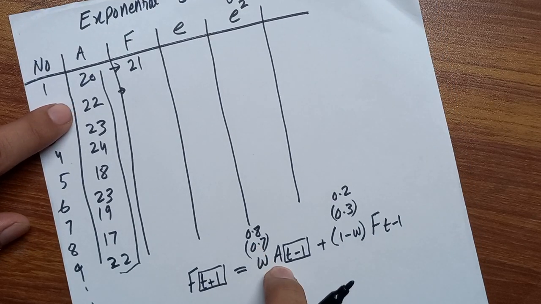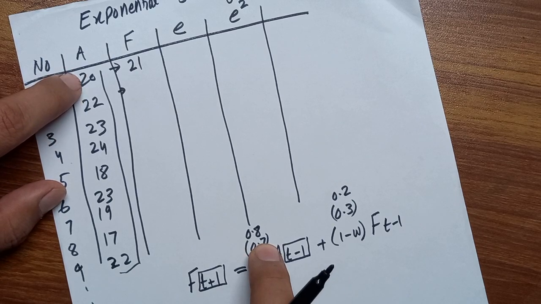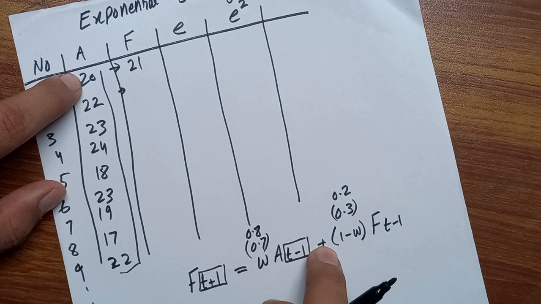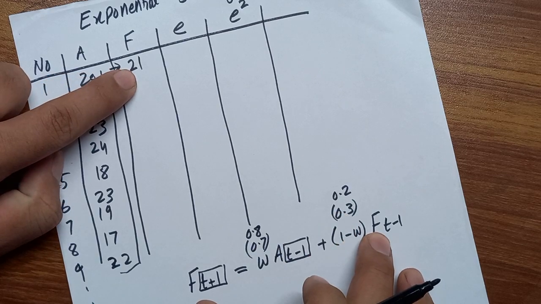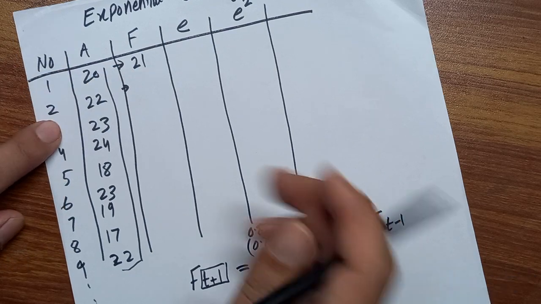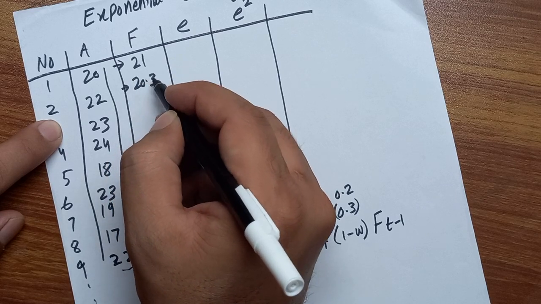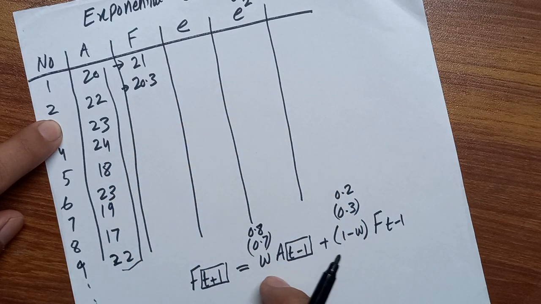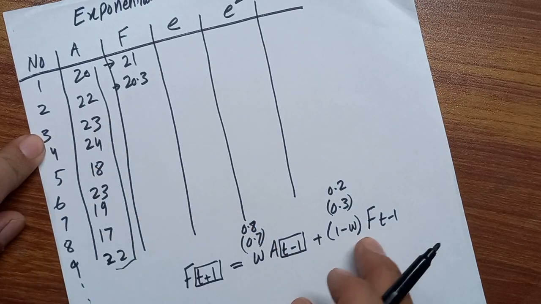0.7 multiply actual data, which is 20, 0.7 multiply 20, plus 0.3 multiply 21. So we will add both values, we will get 20.3. Again for the third year we will use this formula.